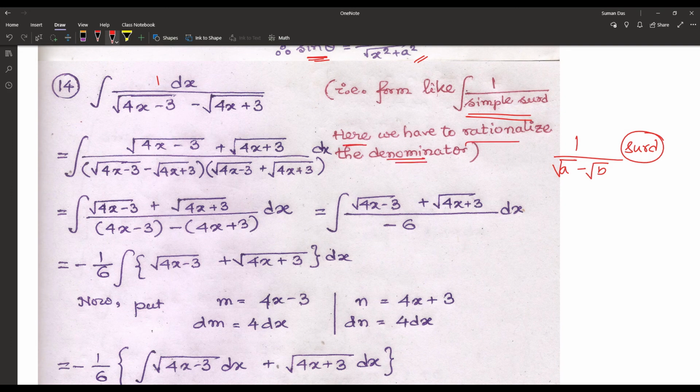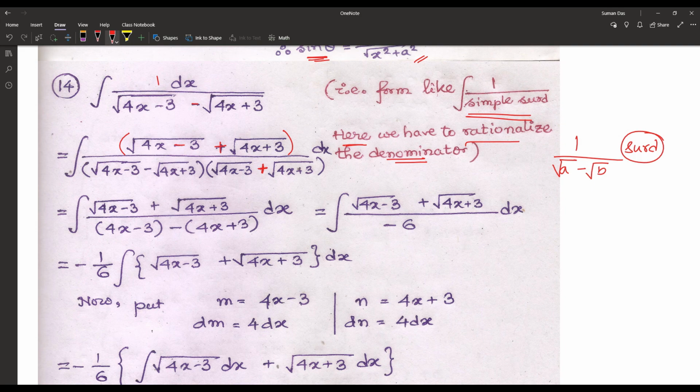When the form is the integration of 1 by a simple surd, we just rationalize the denominator. For the rationalization, the minus is given here, so we multiply by the plus form here. As the denominator is multiplied by that plus form, the numerator also has to be multiplied by the plus form.